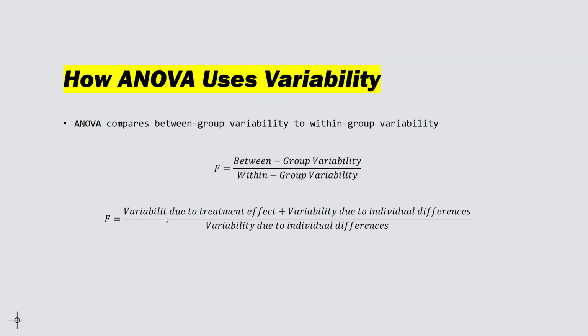I now see that I missed a Y. It's the variability due to treatment effect plus the variability due to individual differences, and it's not really plus, by the way, I'm just trying to illustrate something, divided by the variability due to individual differences. And that is where we get into this funky spot. So this variability ends up having a massive impact overall.